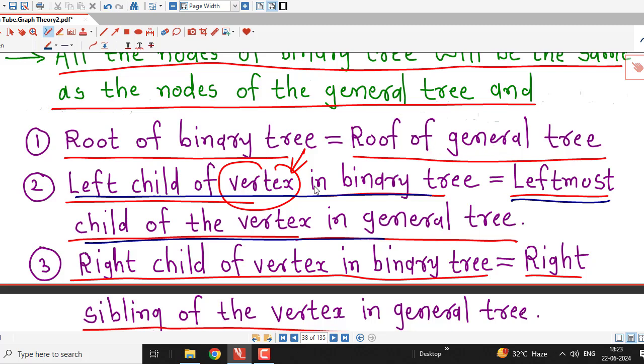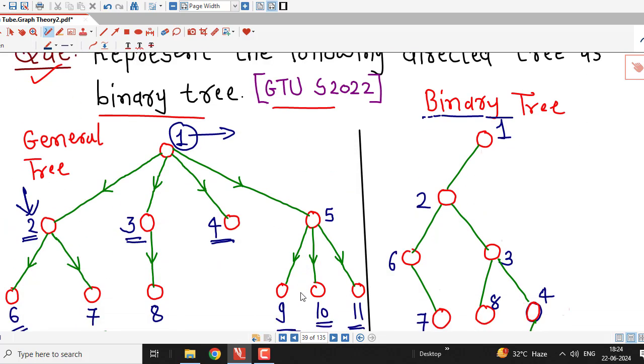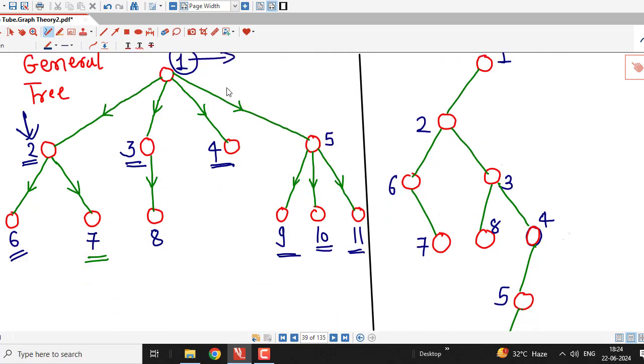Left child of a vertex in binary tree is equal to leftmost child of the vertex in general tree, and right child of vertex in binary tree is right sibling of the vertex in general tree. So you can see, let me shrink my screen.